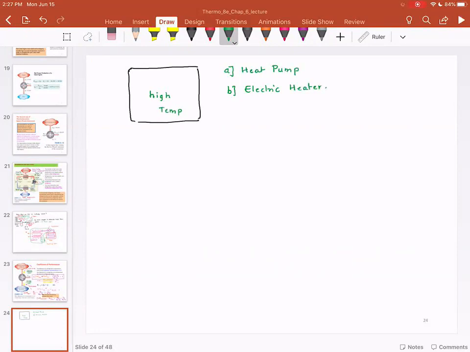If you think we should be using heat pump, just say A in the chat box. If you think we should be using electric heater, say B in the chat window. So the question is, should I be using heat pump or should I be using the electric heater? I just see one answer.